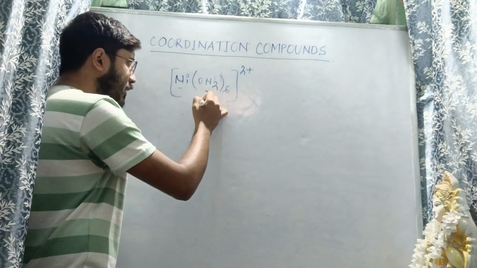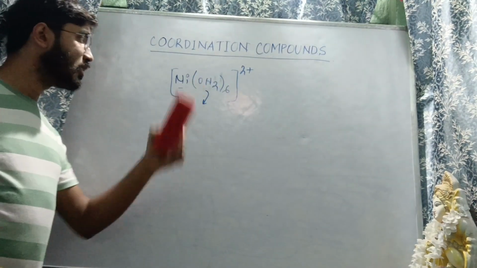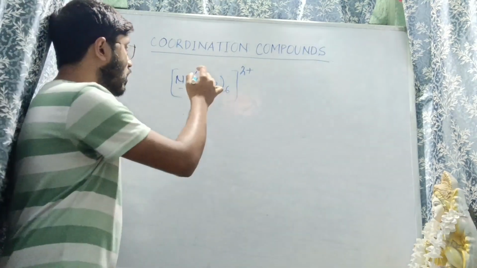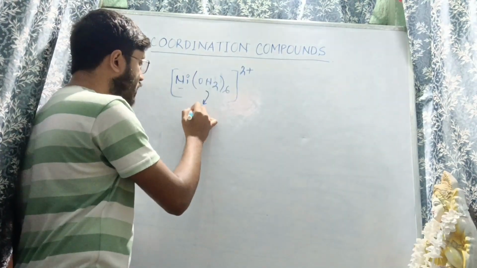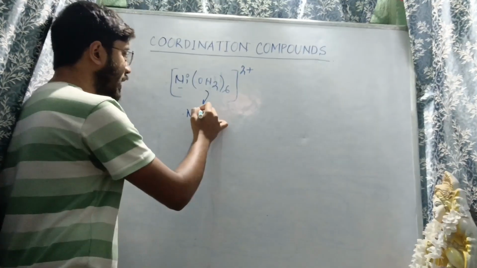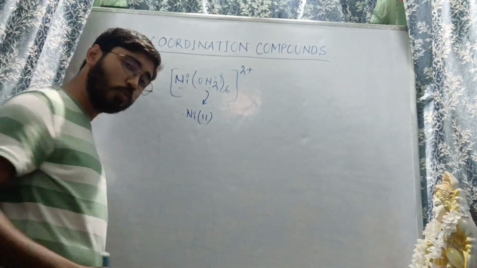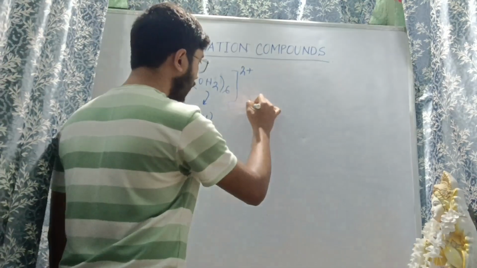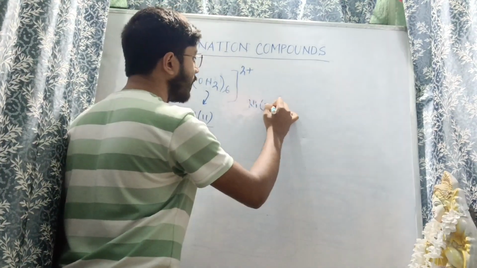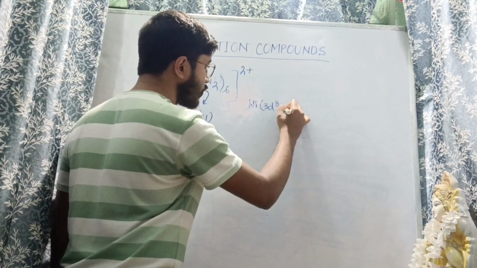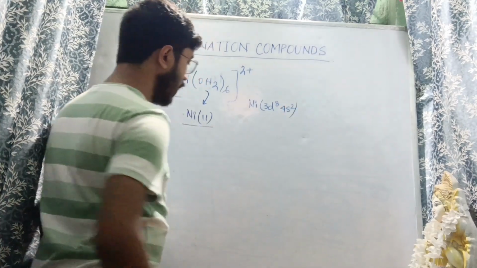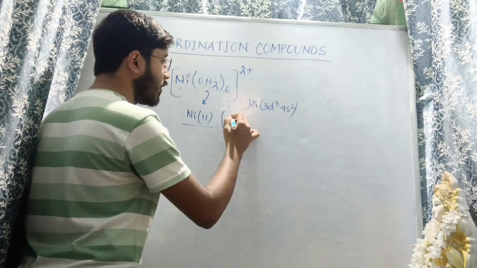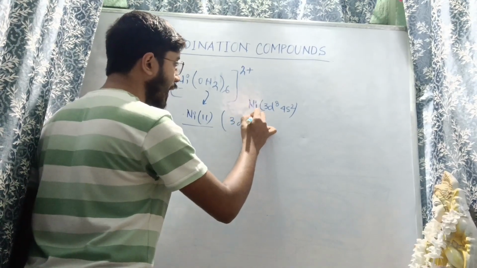So we know that water is a neutral ligand. So the oxidation number of the nickel is plus 2. What is the outermost electronic configuration? For nickel, the outermost electronic configuration is 3d8 4s2. For nickel 2 plus, the outermost electronic configuration is 3d8.